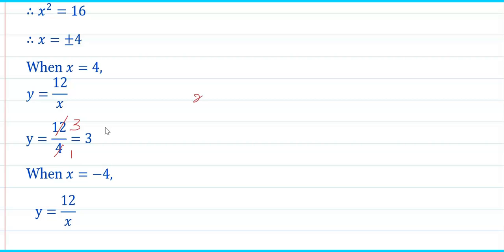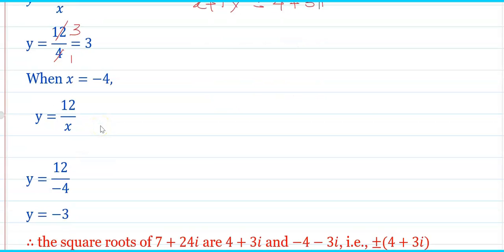Therefore the first root, that is x plus iy, is equals to the value of x is 4 and y is 3i in this way. Second, when x is equals to minus 4, that is 12 upon minus 4, you will get minus 3, and hence x plus iy, and that is equals to, okay, the value of x is minus 4 minus 3i.